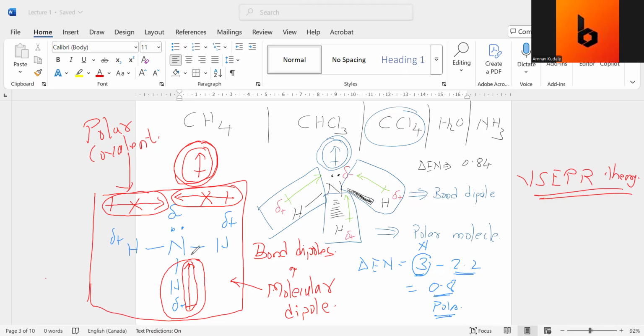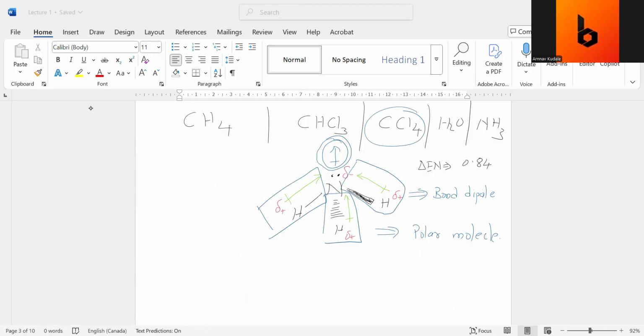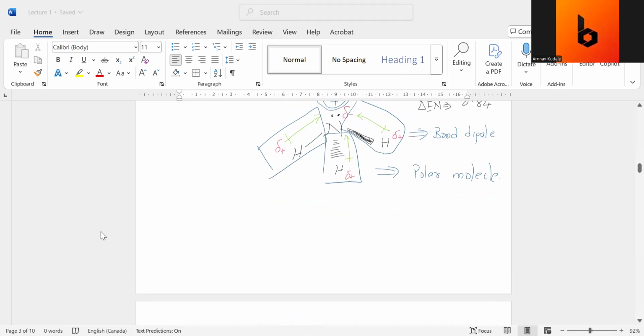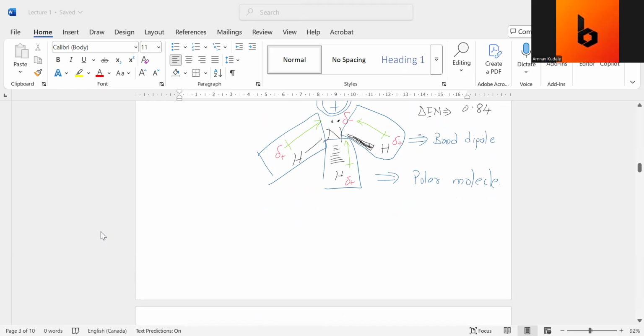So once you draw the Lewis structure, you will make it this way, correct?